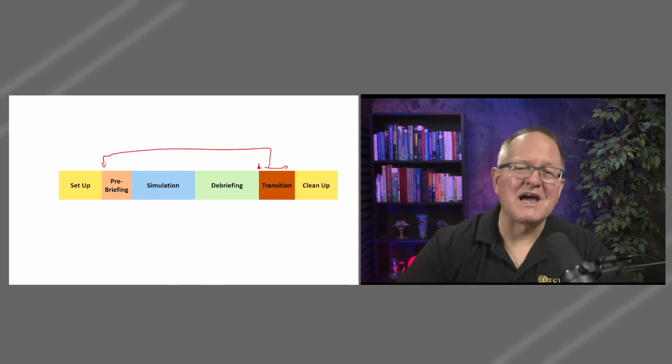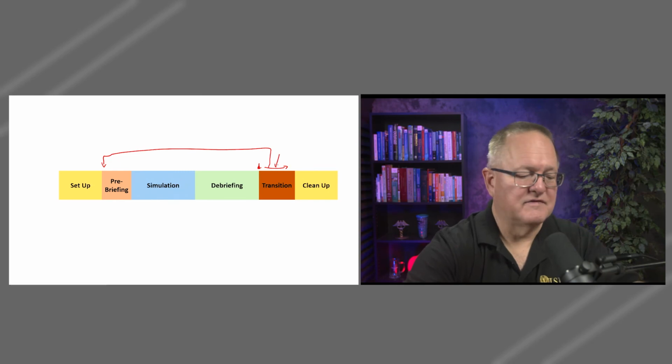Okay. So what kind of things happen during this transition time? Things like putting the equipment back in the place that it starts from at the beginning of the scenario. Perhaps resetting equipment that was used during the last run of the scenario so that it's back. Maybe we're going to replenish the code cart and put everything back to where it's supposed to be.